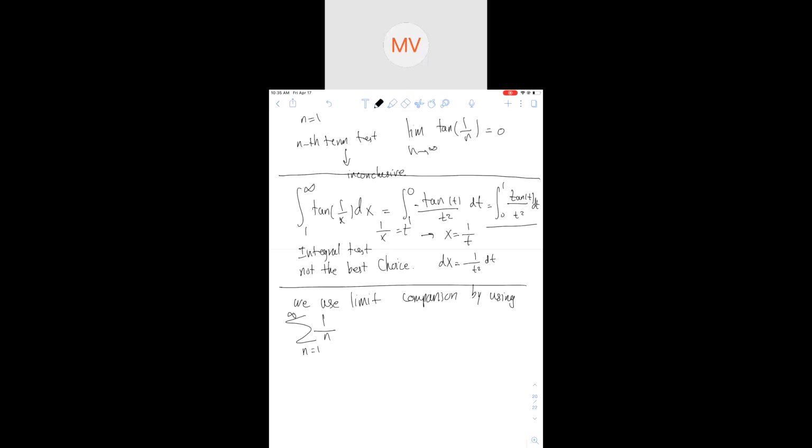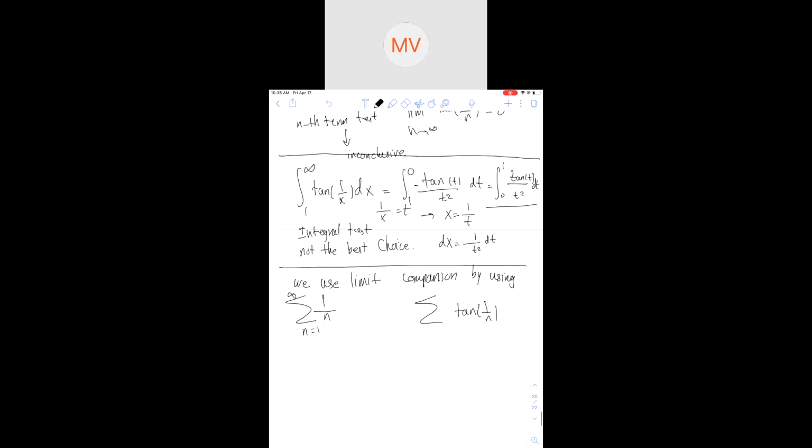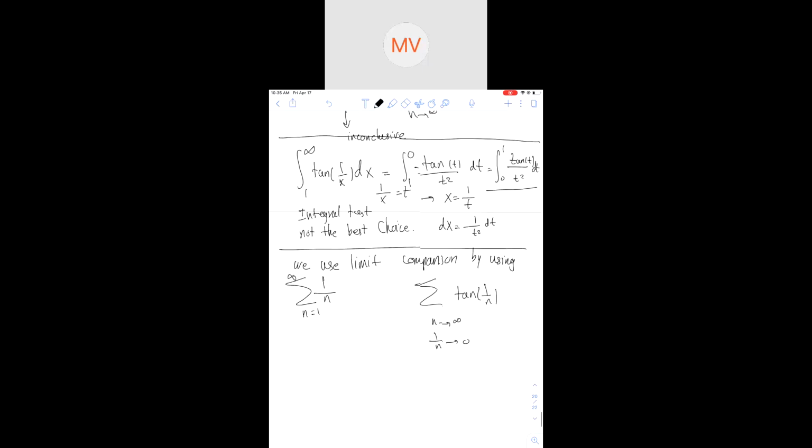Now, let me explain how I got this idea. The nth term of the series we're dealing with is tan of 1 over n. 1 over n at infinity approaches 0. So that means I'm dealing with equivalently tan of t when t approaches 0.